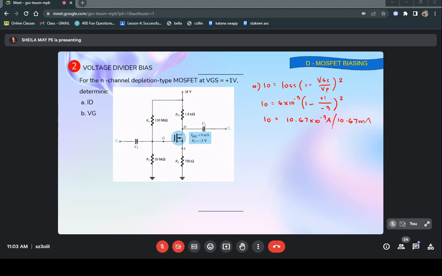So VDS is 40 minus 6.75 times 10 to the negative 3 times 3,820. It's 14.22 volts. That's our VDS.